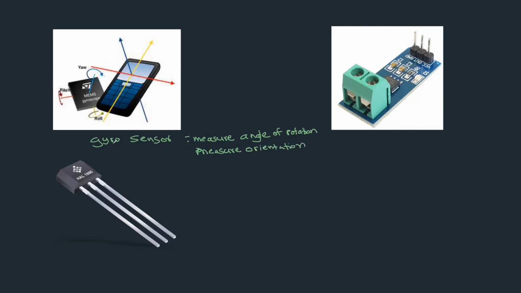These gyro sensors are placed in the latest smartphones such as iPhones and the latest Samsung phones, right? This feature is only found in the latest phones that are enabled with 5G technology and beyond. So with these phones, we have this option of measuring the angle of rotation and the angle of orientation, right?